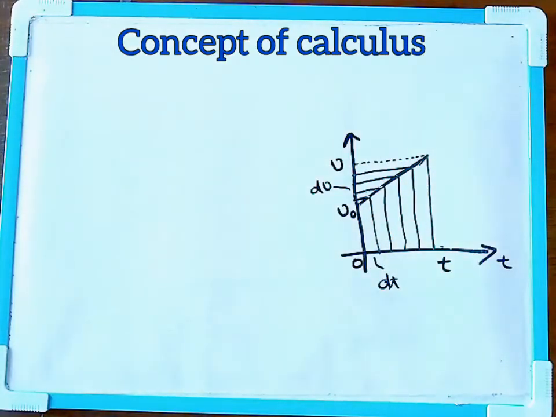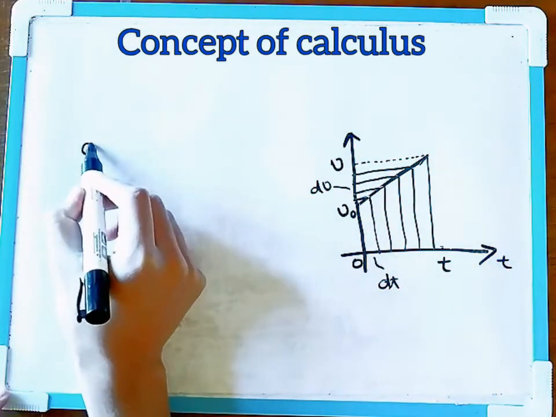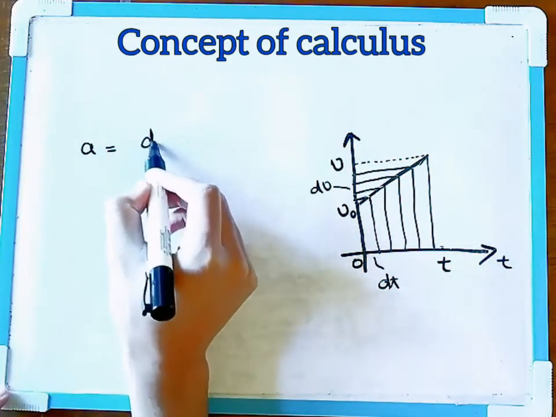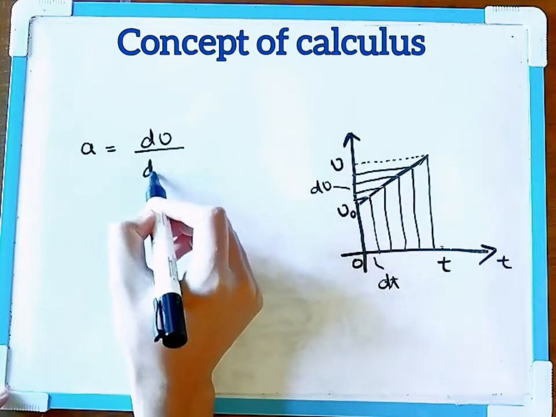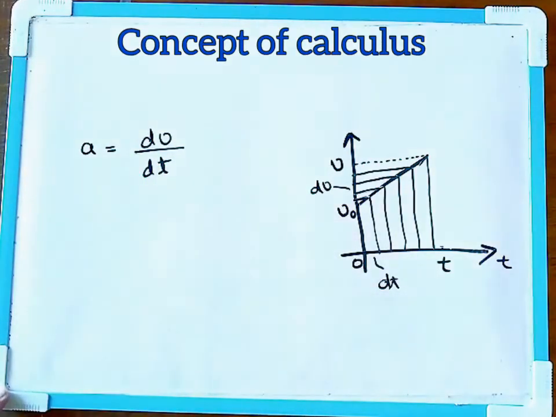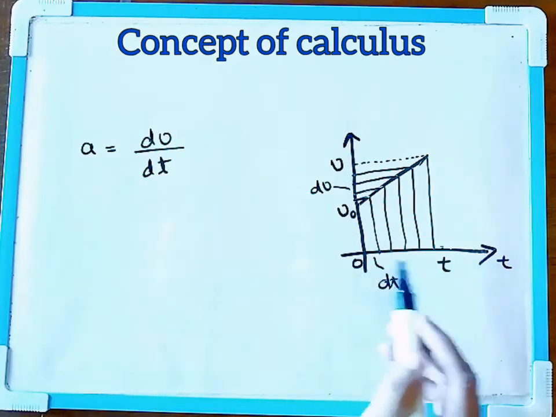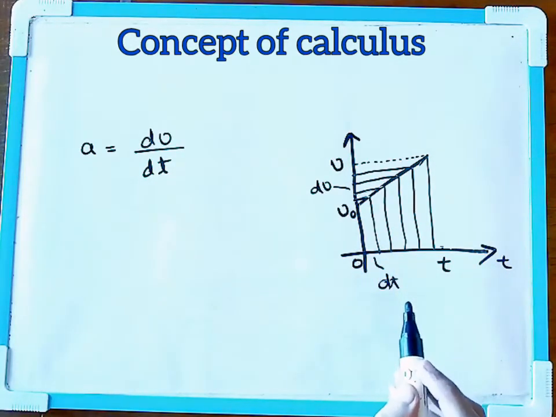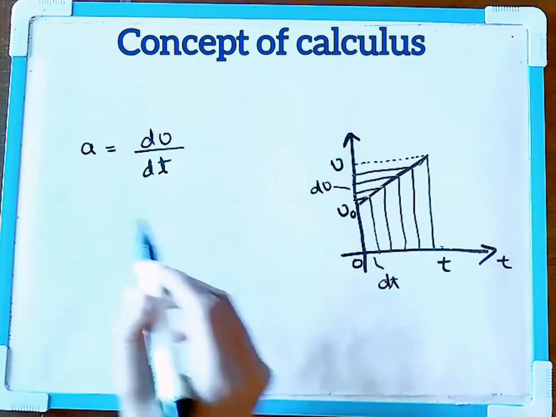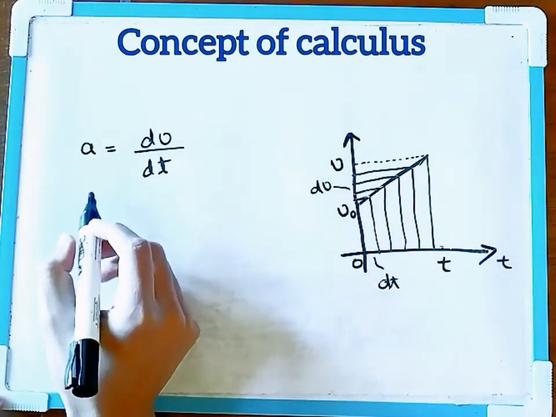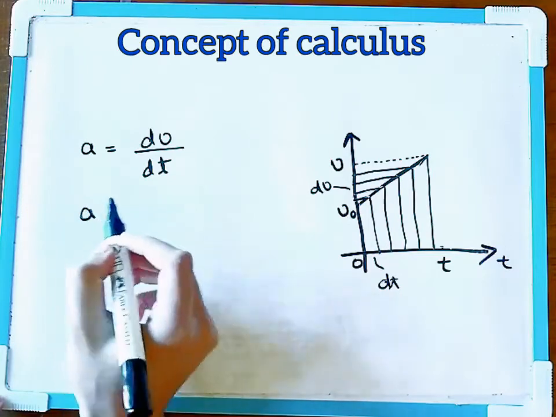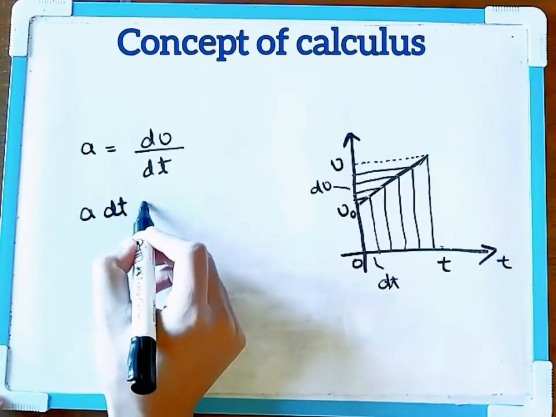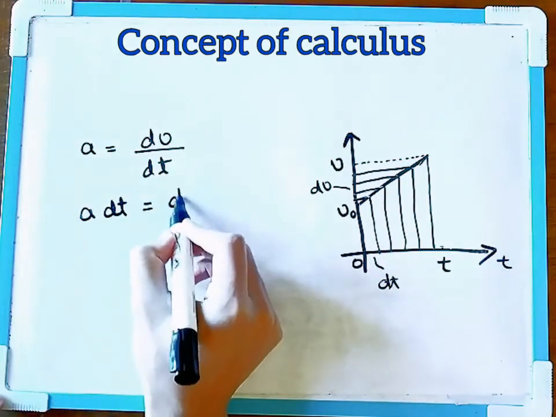So here, the instantaneous acceleration, we have defined before as dv by dt, and our aim here is to find the equations of motion by using this method of calculus. So what we'll do here is, upon cross multiplication, we'll have a dt equal to dv.